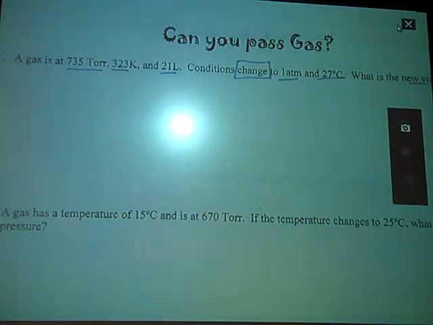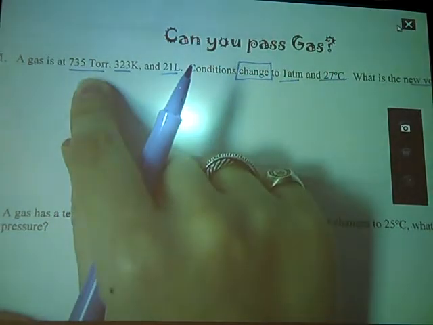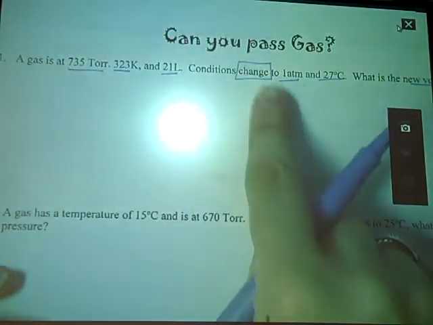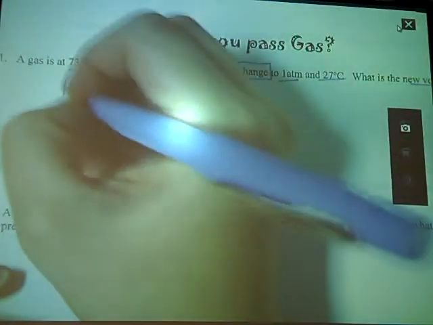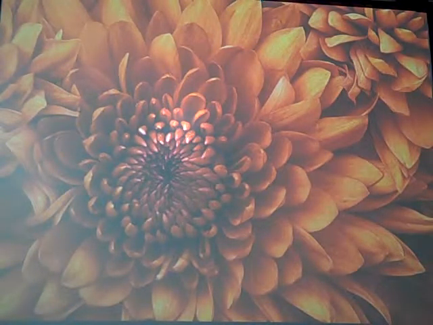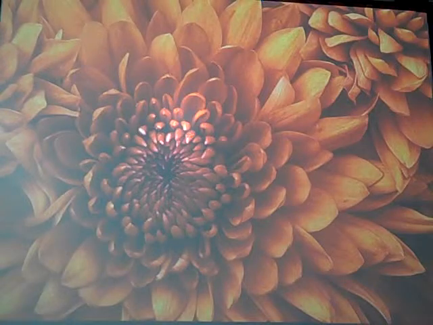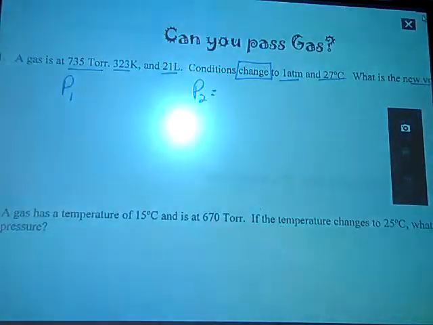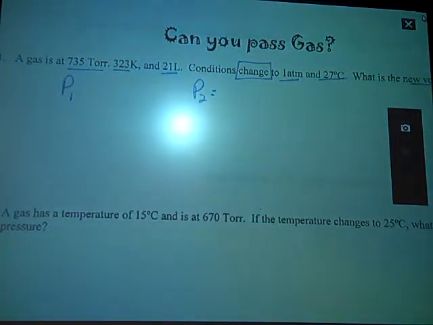Next thing we want to do is to convert these into more familiar variables. Torr was one of our units for pressure. Since I'm changing, I'm going to have a P1 and a P2. Gosh darn flower. P1 is in torr. P2 is in atmospheres. That's not good.